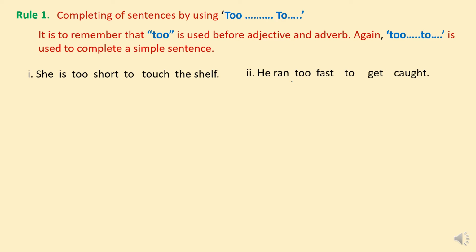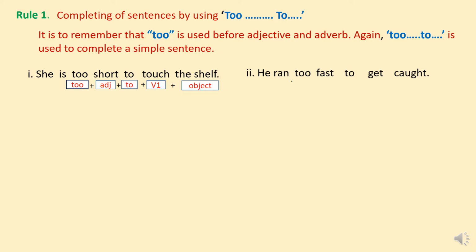What can you see here? The structure is: she, subject, is, verb, plus too, plus short, adjective, plus to, plus touch, verb, that is the base form of verb, plus the shelf, object.